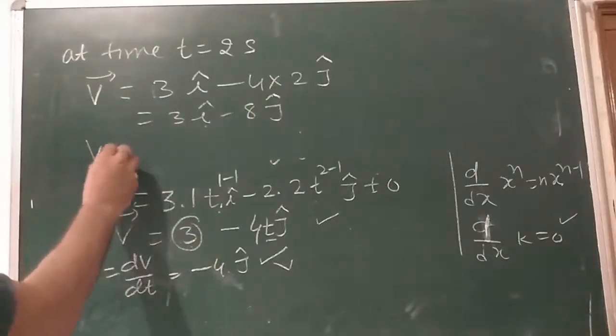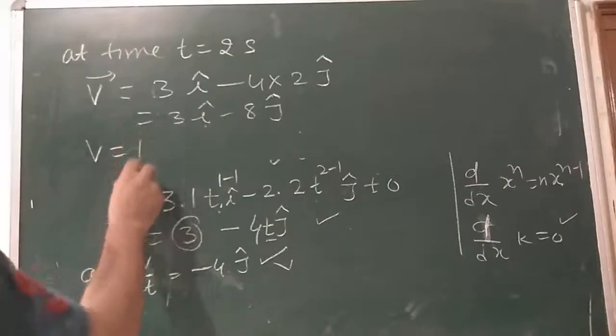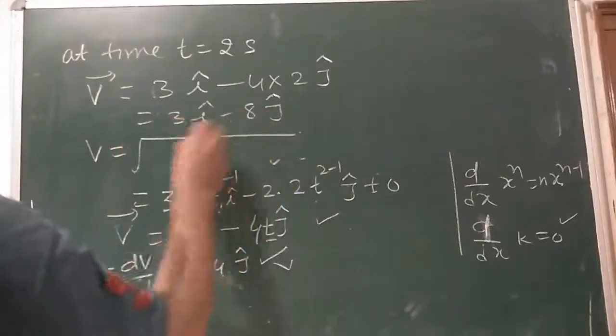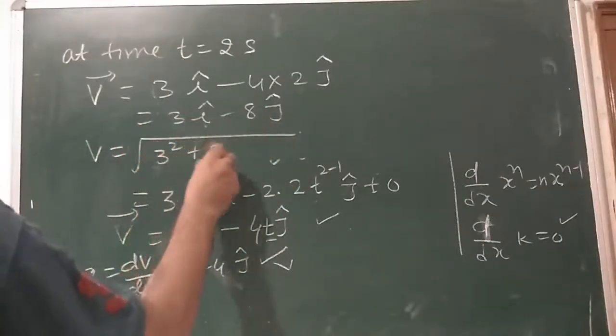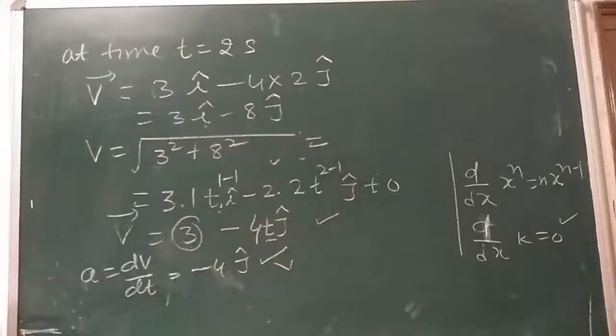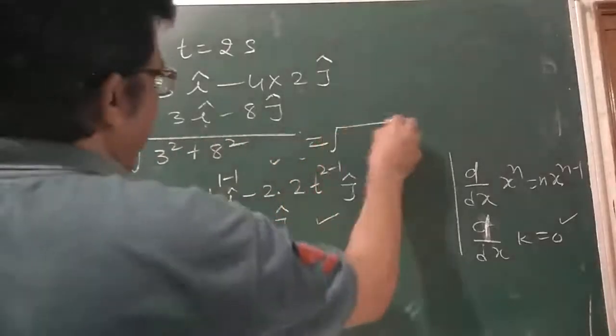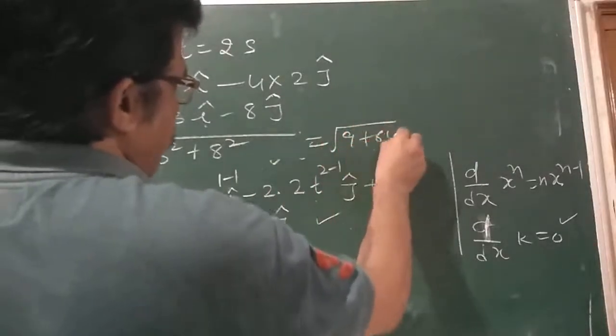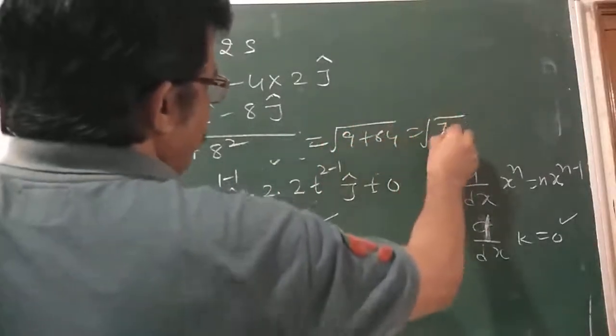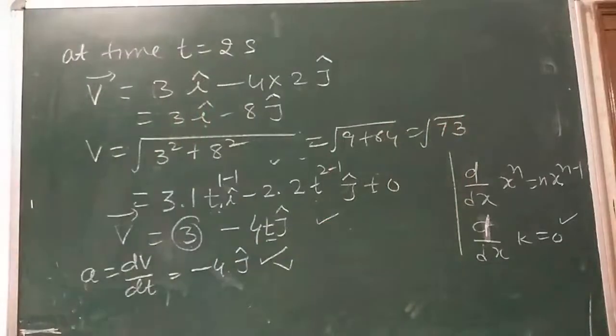Magnitude you want to find out. So under root of this square plus this square: 3 square plus 8 square, that is 9 plus 64, that is under root 73. This is the value here.